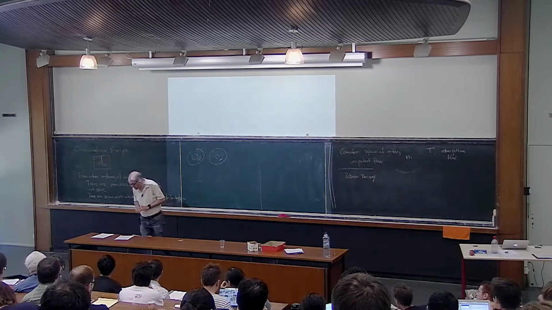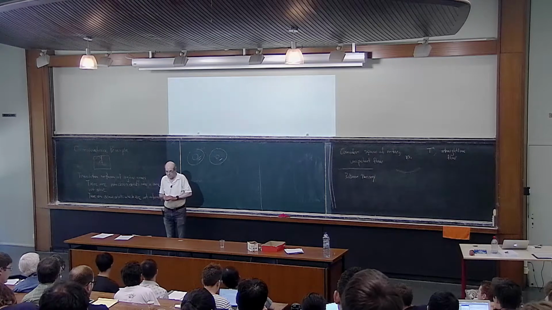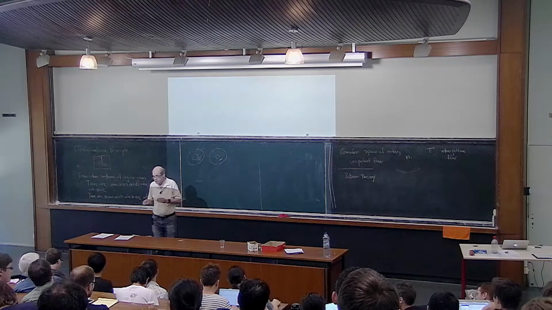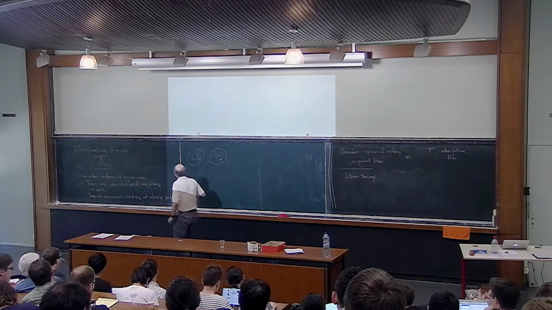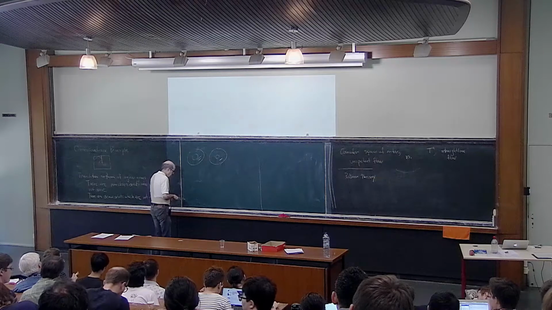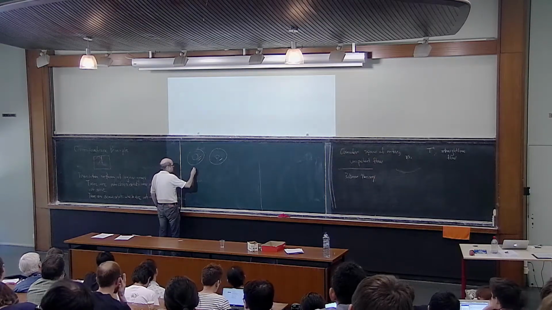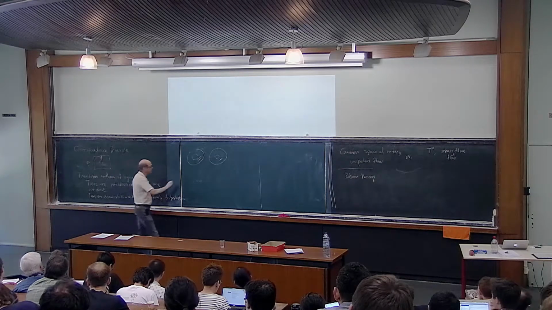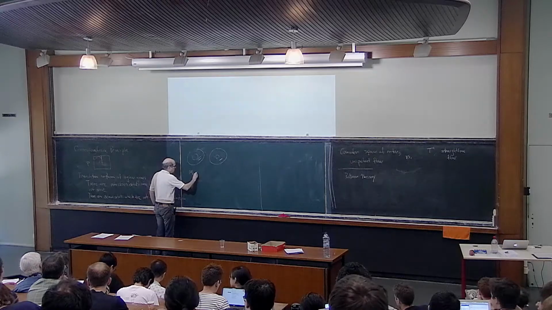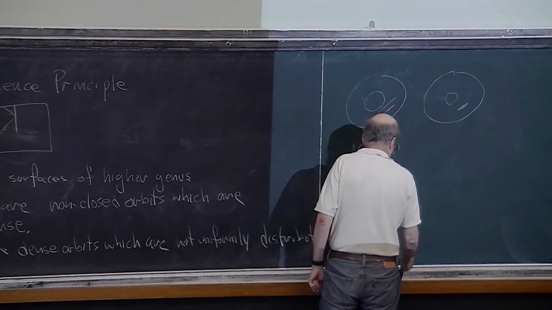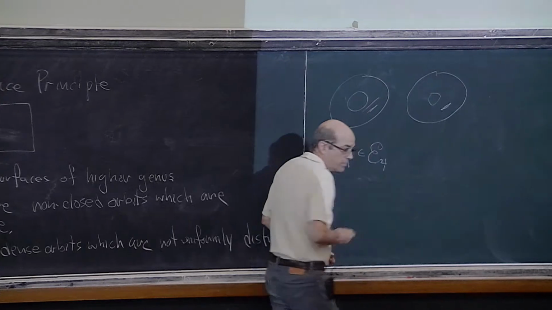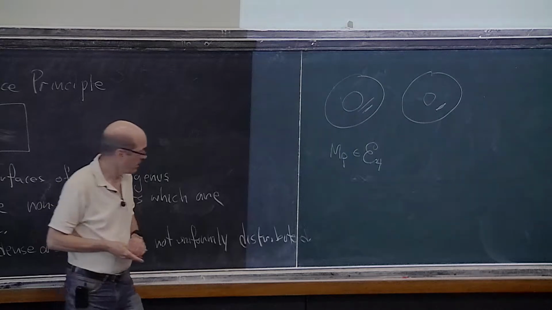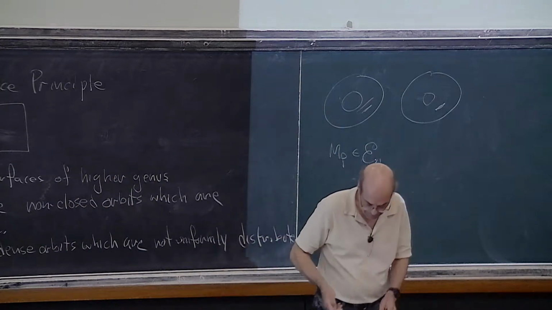Barak in his lectures gave examples of various SL2R invariant sets. In fact, this example is contained in, so if we call this polygon P and this surface M sub P, then M sub P is contained in this eigenform locus E4 that Barak mentioned.